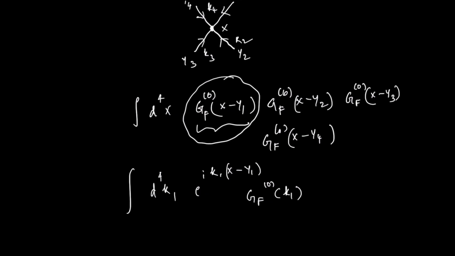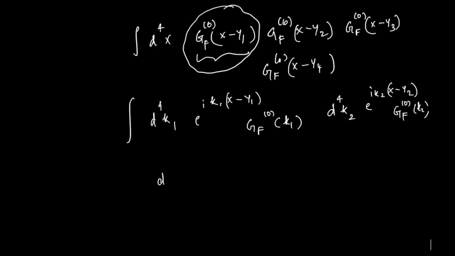So I can write d⁴k2 e^{i k2 (x - y2)} G_F(k2). Similarly, d⁴k3 e^{i k3 (x - y3)} G_F⁰(k3).